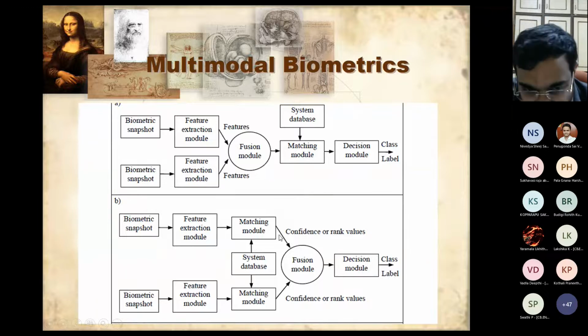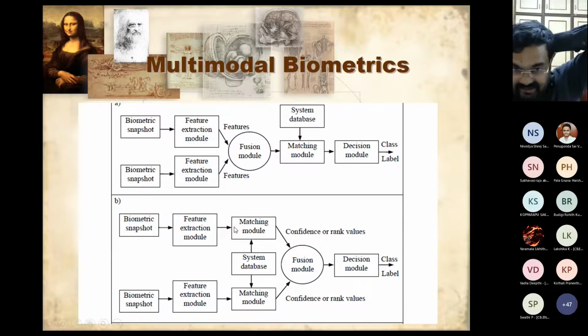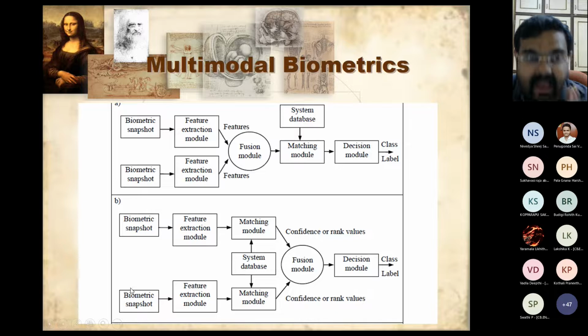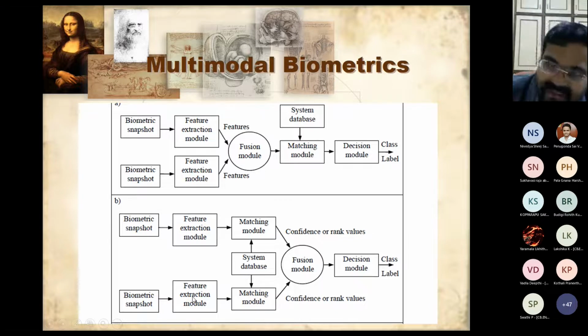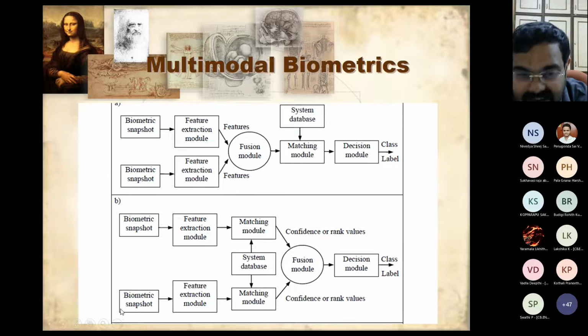Now there is another level of fusion where the fingerprint is given, and after feature extraction it is stored in the database. The iris is also stored in the database, and the second time you give them, they are matched separately. The first time you give your fingerprint, feature extraction is done and it is stored. The first time you give the iris, feature extraction happens and it is stored. The second time you give the fingerprint, its features are extracted and matched. The second time you give the iris, it is extracted and matched.